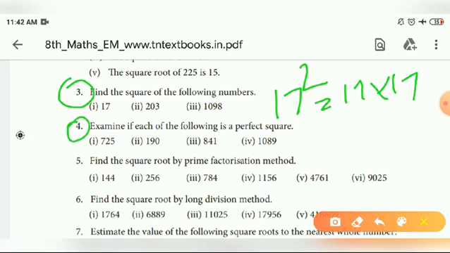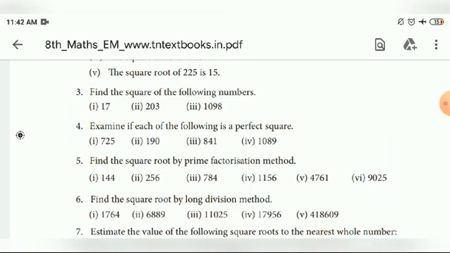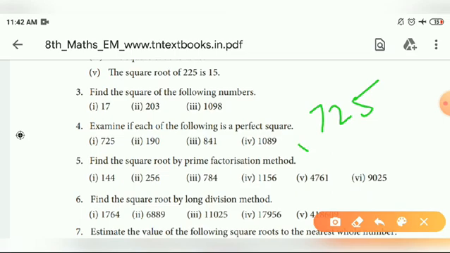Examine if each of the following is a perfect square. Perfect square is nothing but if you take the square root. Already I taught how to find the square root. For example, if 725 is a perfect square or not, find the square root of 725. If the remainder is 0, then 725 is a perfect square. If the remainder is not 0, then it's not a perfect square.